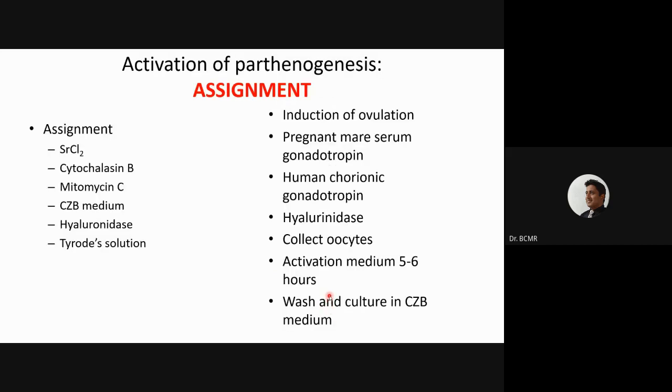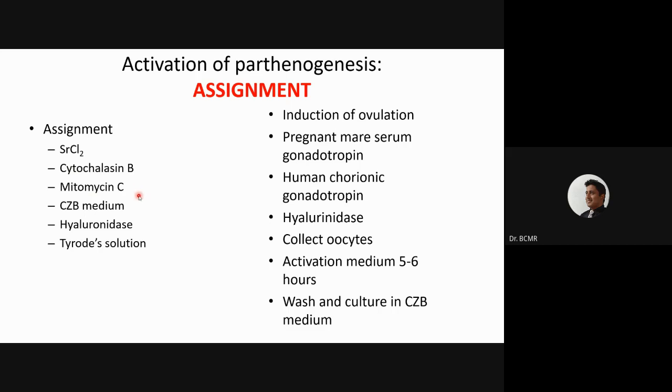I would want you to read the chapter from there, and there are a few more things that we will discuss, but I would want you to start reading on that. There are some technical details. You will get through many things that are depicted here. Strontium chloride, cytochalasin B, mitomycin. There are practical things.